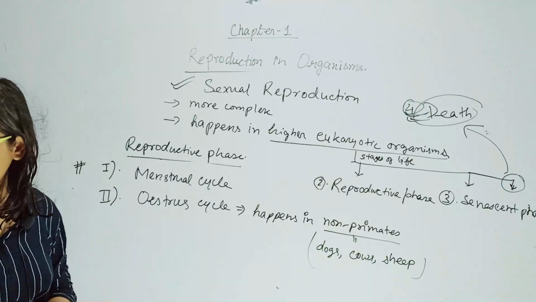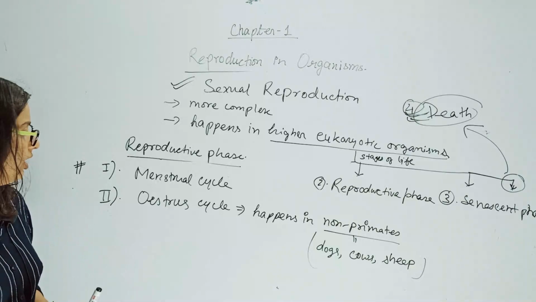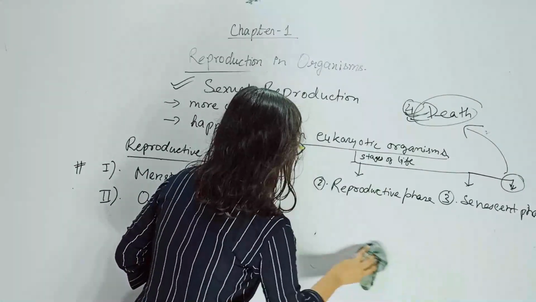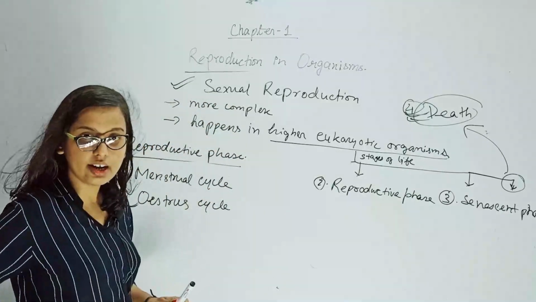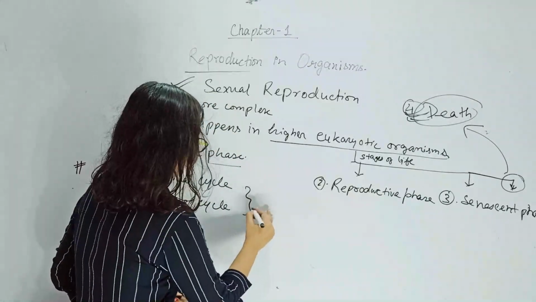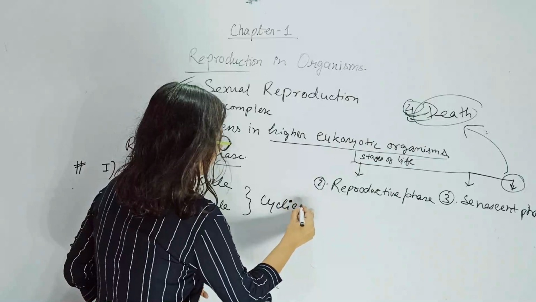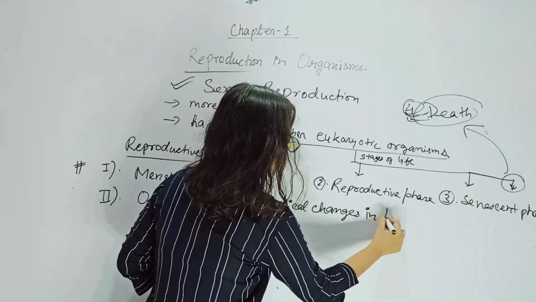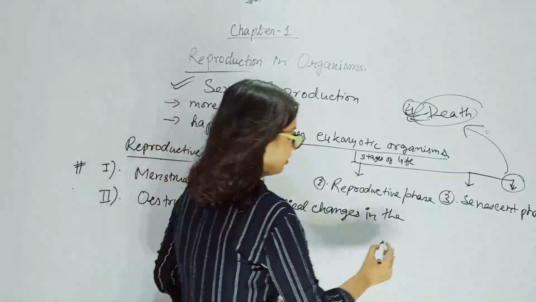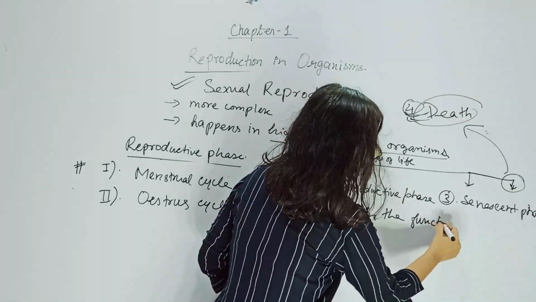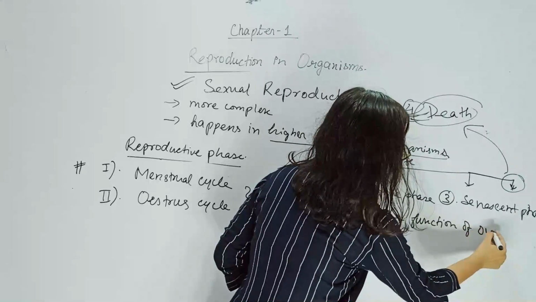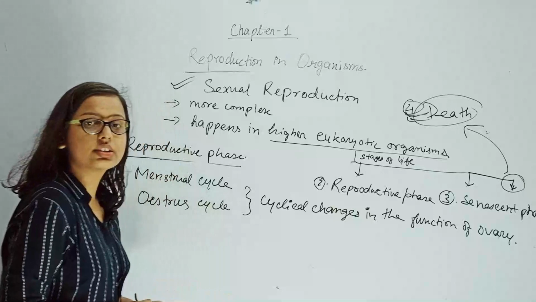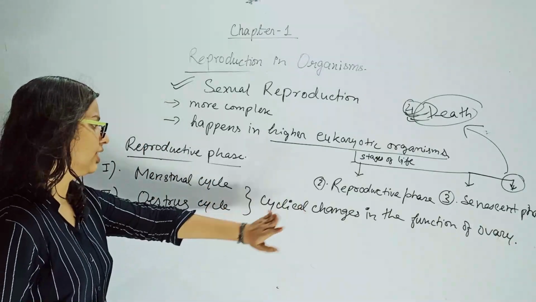If you have to define the menstrual cycle or the estrus cycle, you can say that they are the cyclical changes in the function of the ovary. Whatever function the ovary plays, that function undergoes a cyclical change.